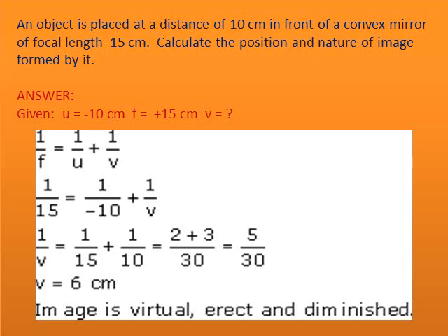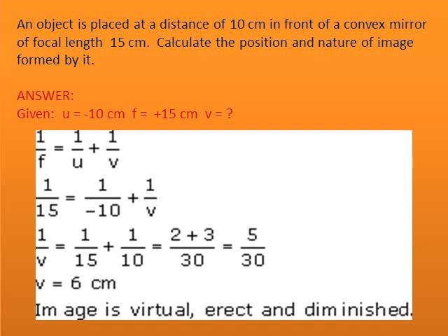So what is the mirror formula? First apply the mirror formula. 1 by F is equal to 1 by U plus 1 by V. And now enter all the values which are there above. So F as 15, U as minus 10, and the unknown as unknown itself, that is V. Now the next step, you have to get a formula for 1 by V. Here only, children, many of you are making mistakes.